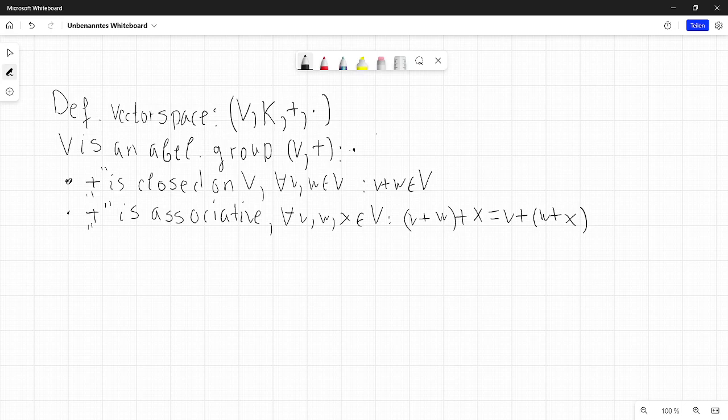What is actually our plus? Plus is just a map which goes from V cross V to V. This is basically the condition of being closed, but we better define it in the mathematical notation, in particular because of the use of this bracket notation.